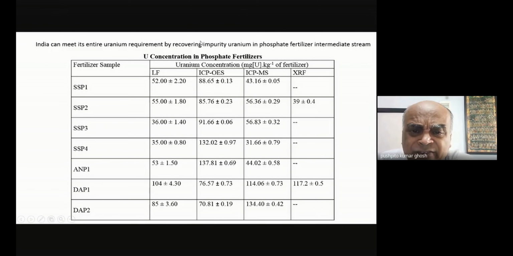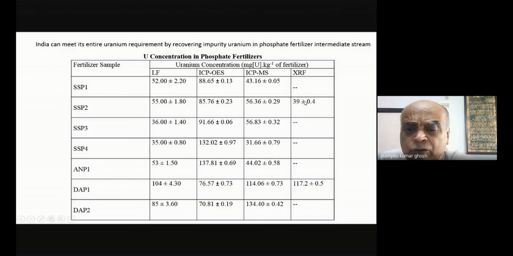Except for this set of numbers, which basically showed that this instrumental technique is not suitable for this analysis. But for the rest, more or less, there was reasonable agreement. I wouldn't say exceptional agreement, but reasonable.